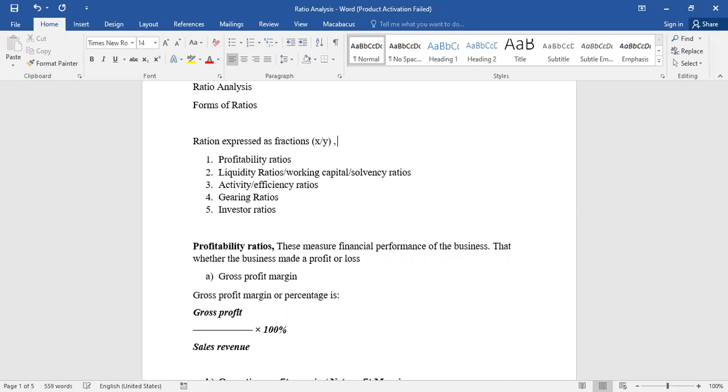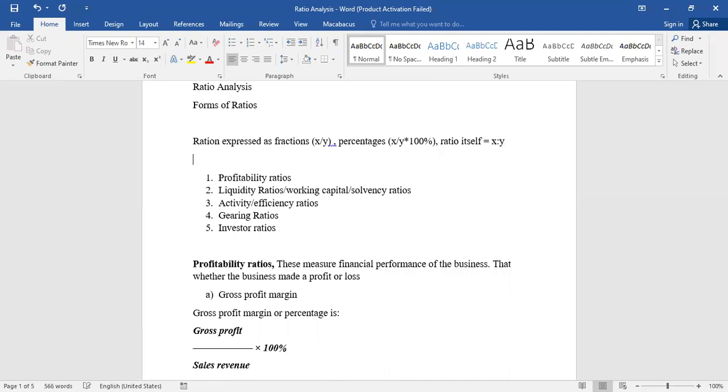It can also be expressed as a percentage, if it is x over y multiplied by 100%. Then the other way is the ratio itself, say x to y. That's how we express ratios.